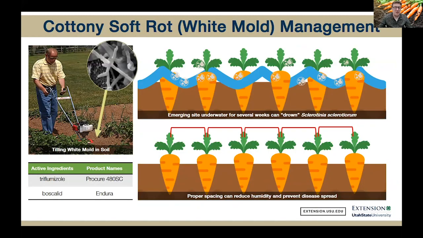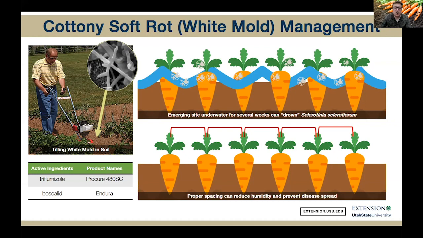So let's talk about managing it. If you have a really bad infestation of it, tilling is a good option because you're turning over the soil and that can bury a lot of the sclerotia part of the fungus, which can reduce the chance of disease infection the following season. Crop rotation is another good option.